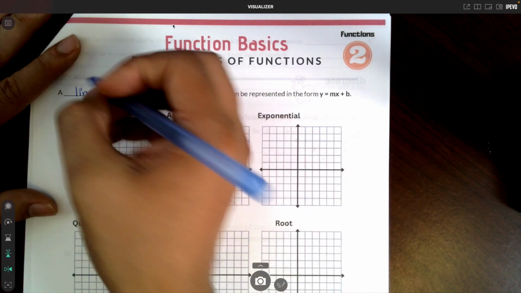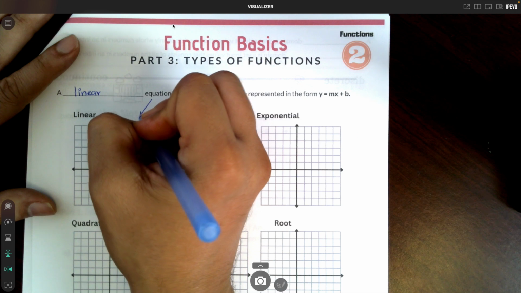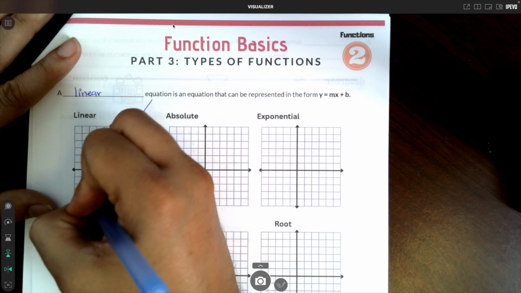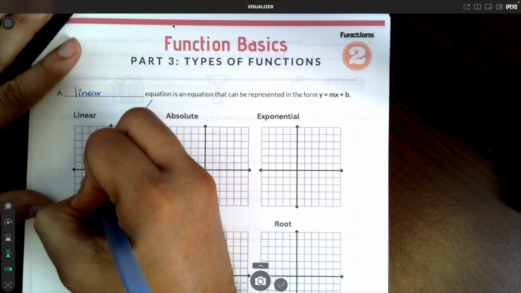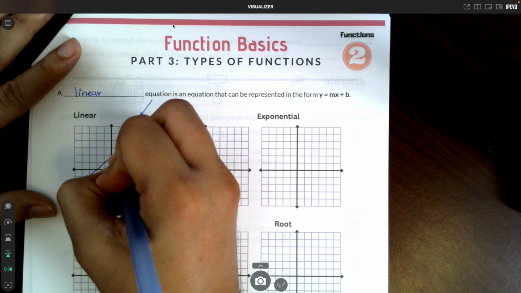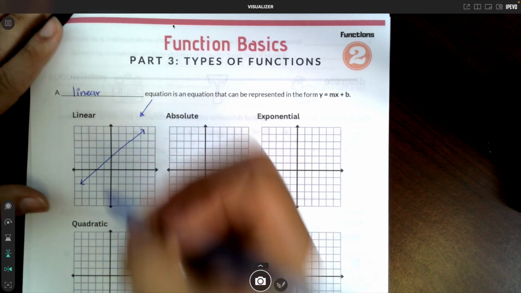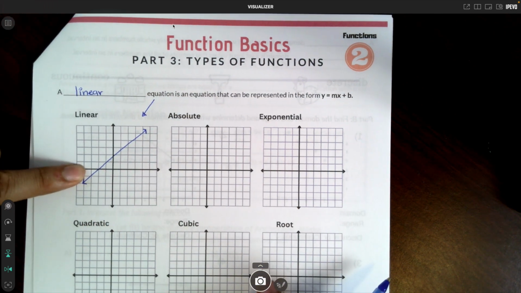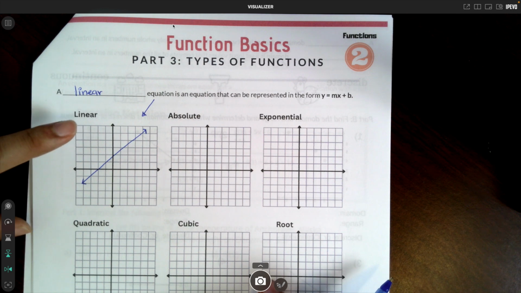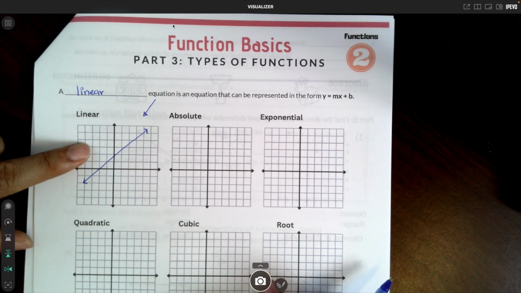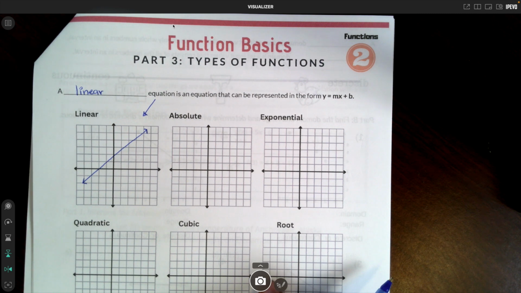This is basically this example where it's just a straight line. So I should have probably brought a ruler. So this is probably the most basic form of functions. It's a consistent pattern. Very simple to identify.